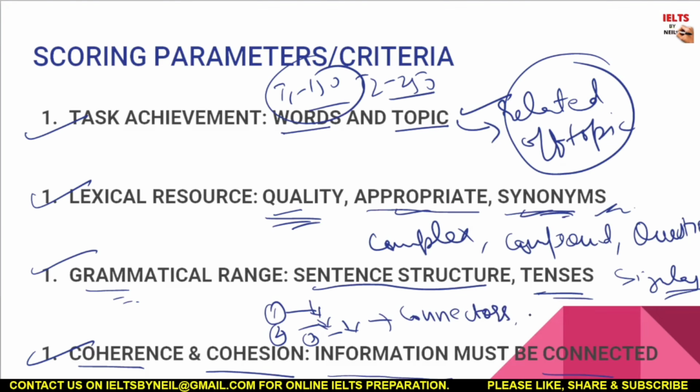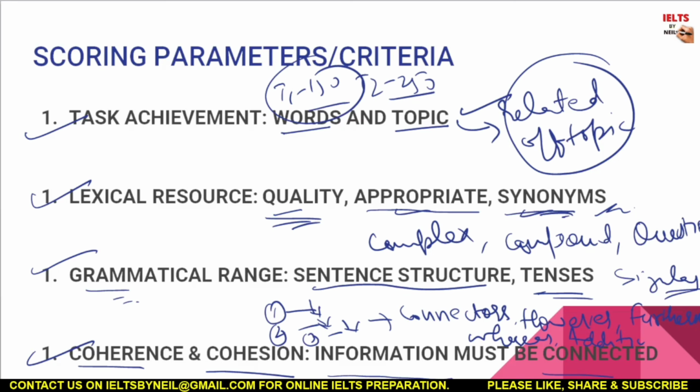By connectors I mean words like however, furthermore, whereas, additionally, finally, although, even though. All these words are connecting words, or connectors. So you have to use as many connectors as you can in both Task 1 and Task 2.